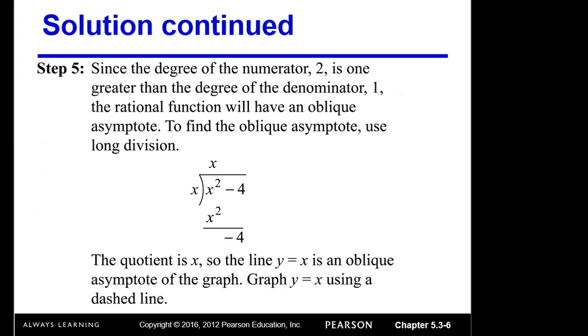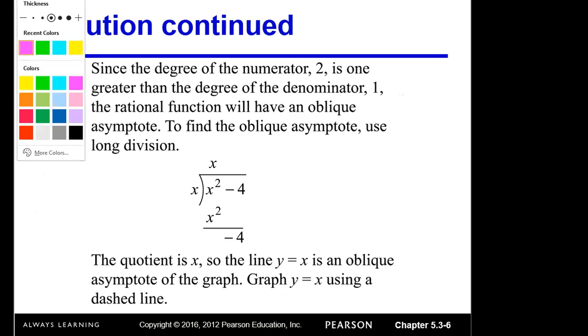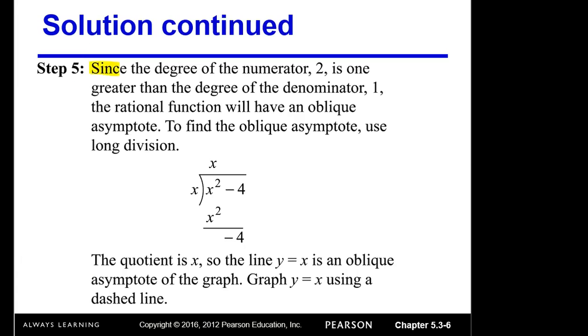Since the degree of the numerator, 2, is 1 greater than the degree of the denominator, 1, then it's going to have an oblique asymptote. And to find it, we have to use long division.